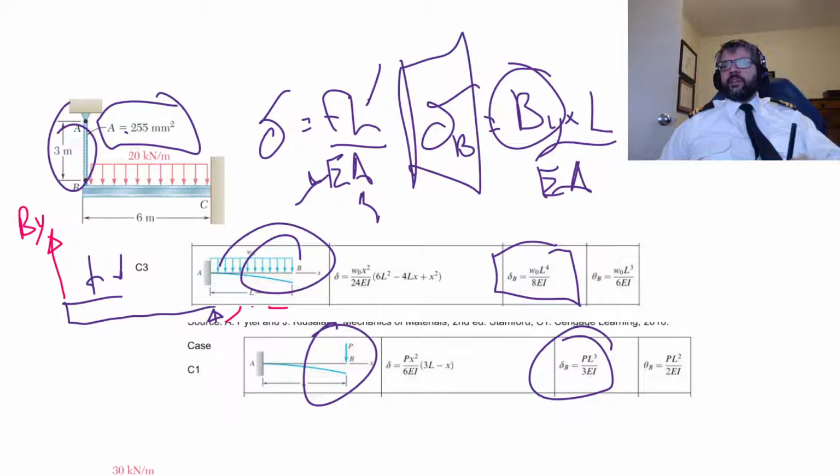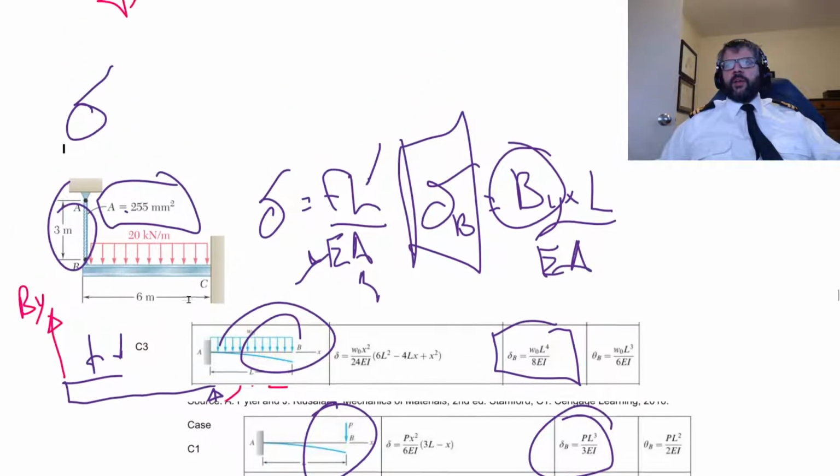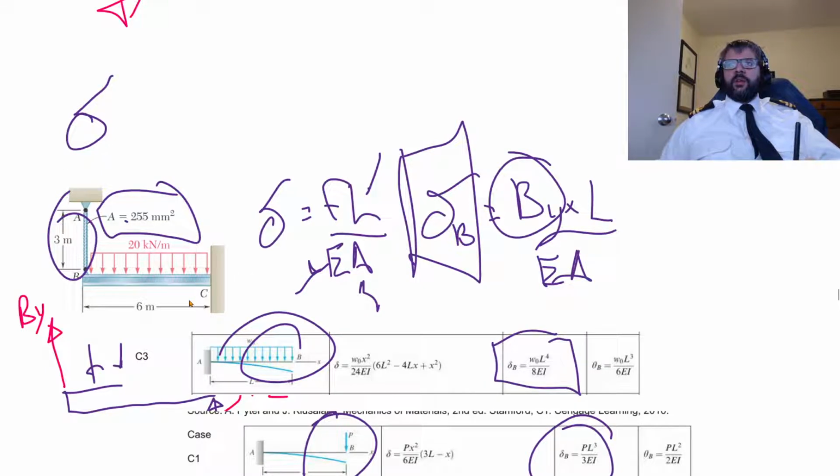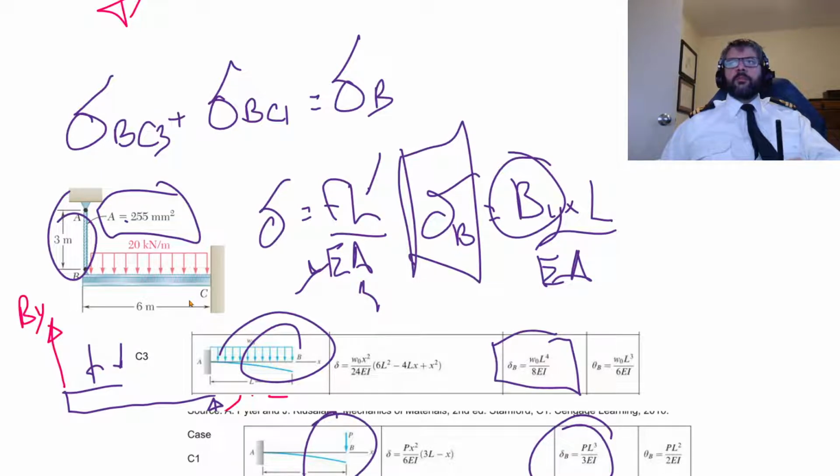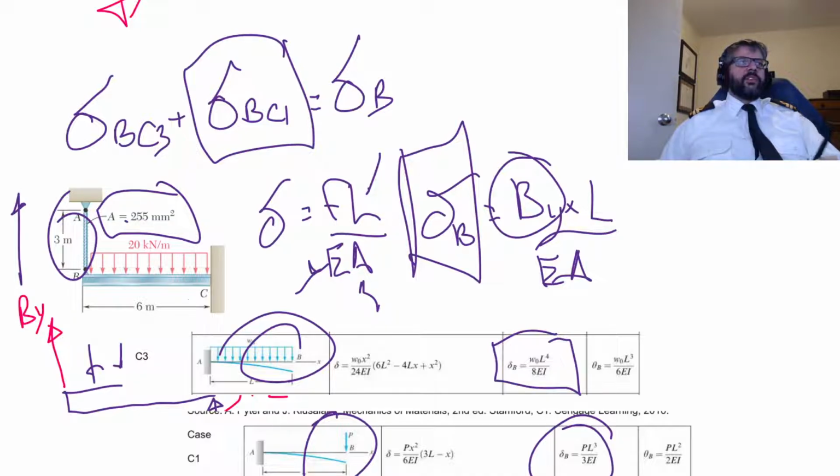So let's call this. So we're going to have a displacement BC3 plus displacement BC1 is equal to the displacement at B. And so again, if we keep the sign convention from the formulas, this one's going to be negative because that force there is pulling up, not pushing down.